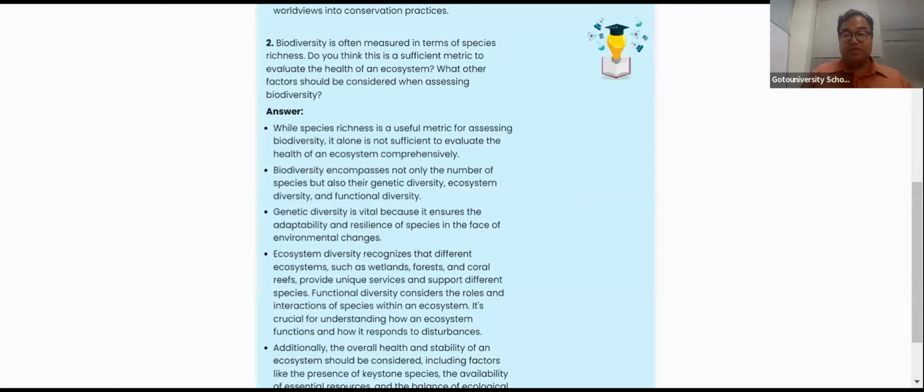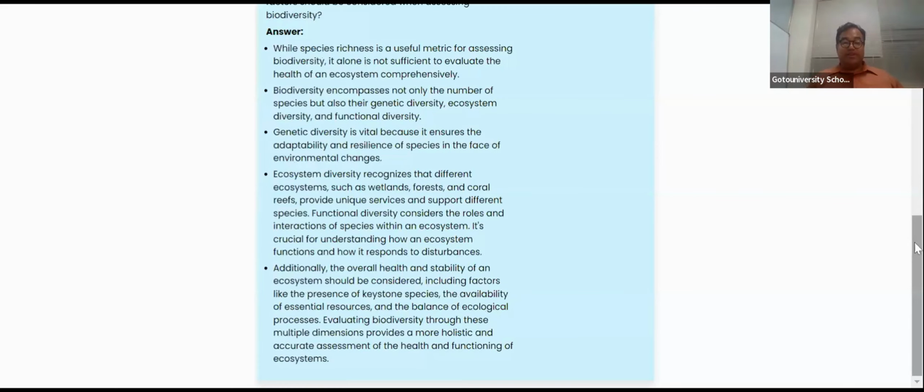So what we need to understand is that the overall health and stability of an ecosystem includes factors like keystone species, the availability of essential resources, and the balance of ecological processes, which is very, very important. This is the way your answer should be explained in detail.